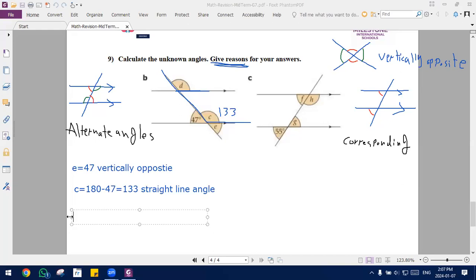We say that angle D is equal to 133 because they are corresponding angles. No, we shouldn't say it like this. We should say that D is equal to C is equal to 133, which are corresponding angles.